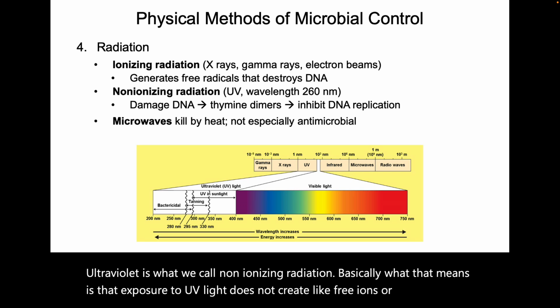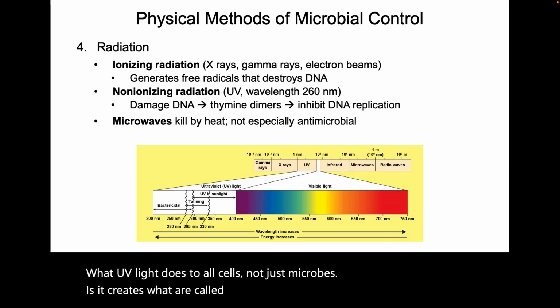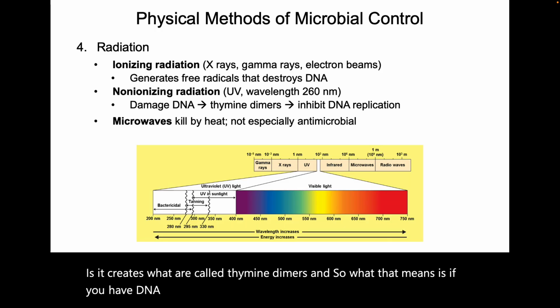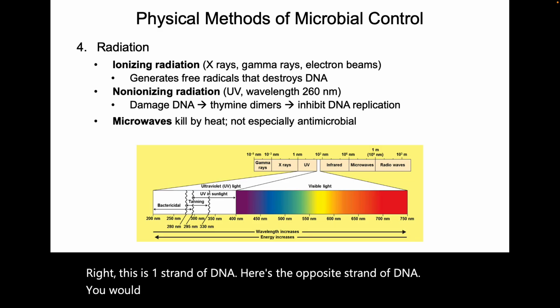What UV light does to all cells, not just microbes, is it creates what are called thymine dimers. So if you have DNA, this is one strand of DNA, here's the opposite strand of DNA, you would expect this classic base pairing.